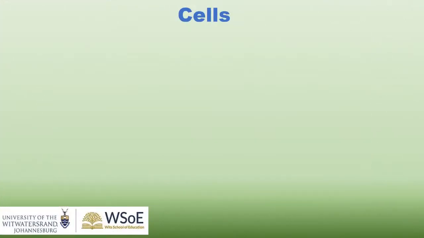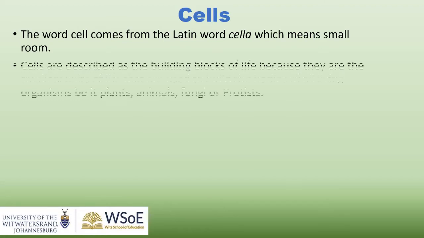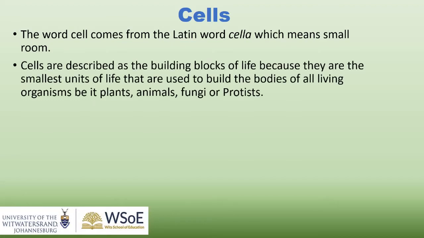So basically, what was shown in the video, I'm going to summarize now. So cells, the word comes from the Latin word cella, which means small room. Cells are described as the building blocks of life because they are the smallest units of life that are used to build the bodies of all living organisms, be it plants, animals, fungi, or protists.